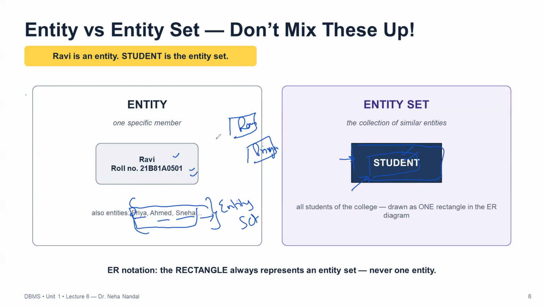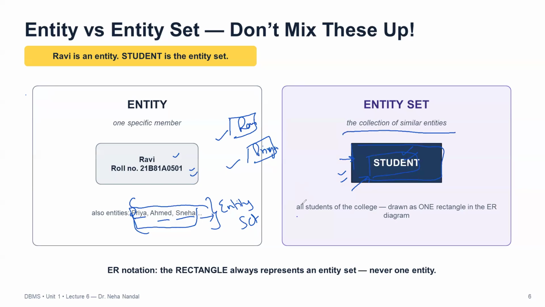Like they all will be having roll numbers, Aadhaar card, PAN number, and some course assigned. So they all come under one category, which is student. So student becomes one entity set, which is a collection of similar entities.